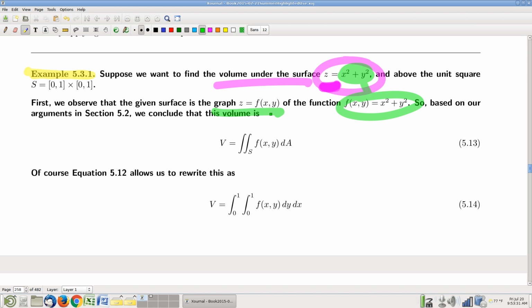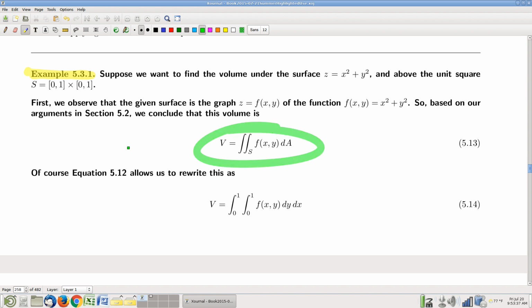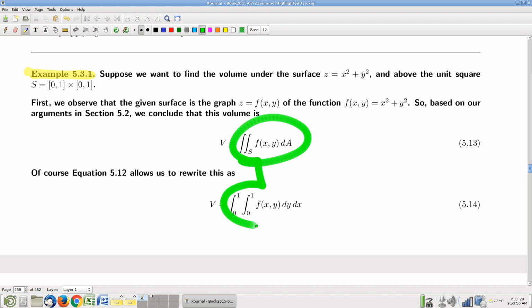Everybody on board? So, volume under a graph is what we're interested in doing. We have a formula for how to compute volumes under graphs. This was our motivating application that we used to come up with a definition for double integrals, so we know that's our answer. What we just argued is that the double integral can be computed as a nested integral.